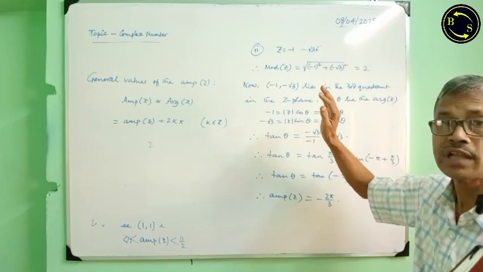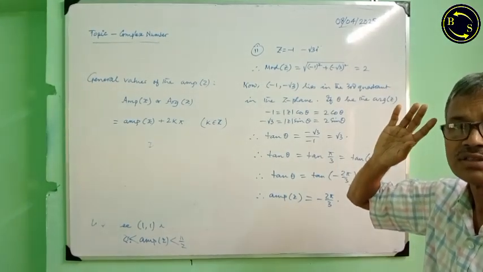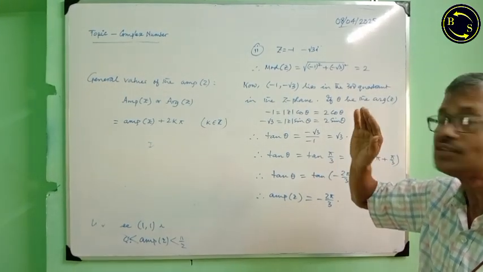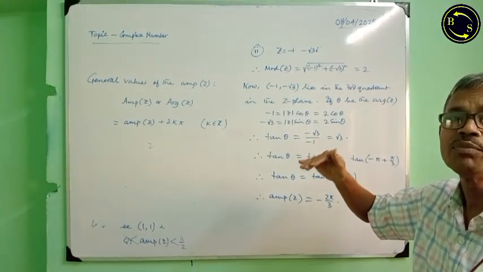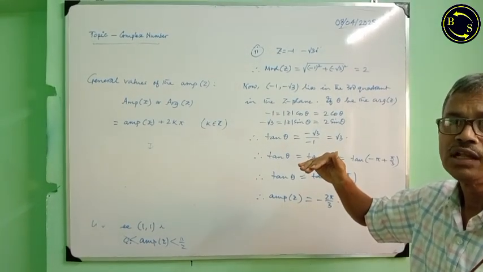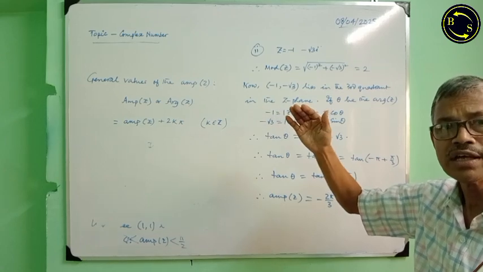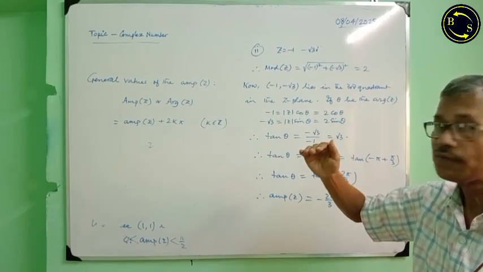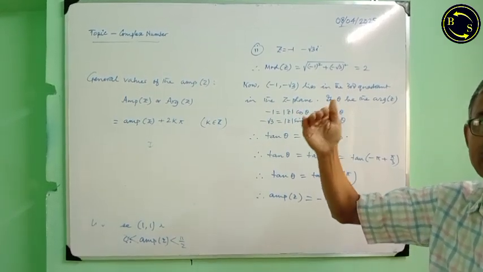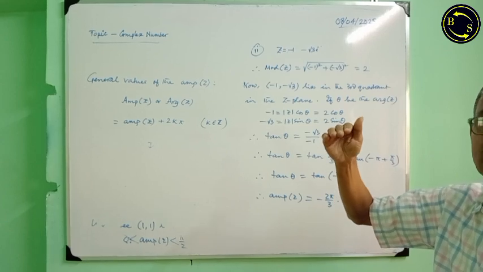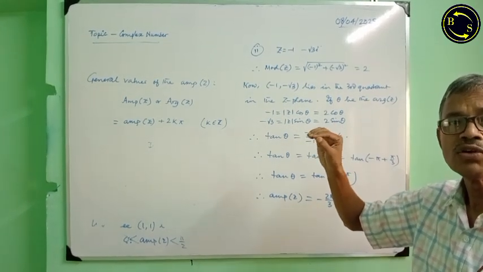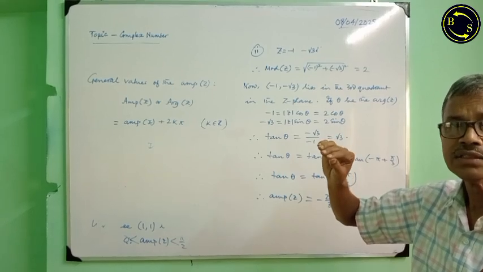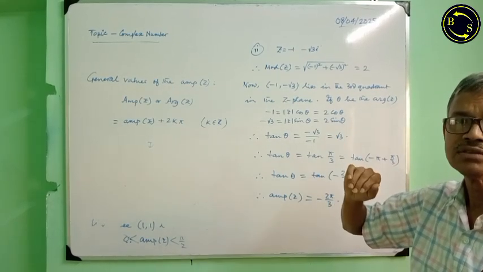That means the point is lying in the third quadrant. Hence, theta is to be expressed in negative angle form. That matter I have discussed earlier. If the point lies above the x-axis, then you express the angle within 0 and pi, including 0 and pi.